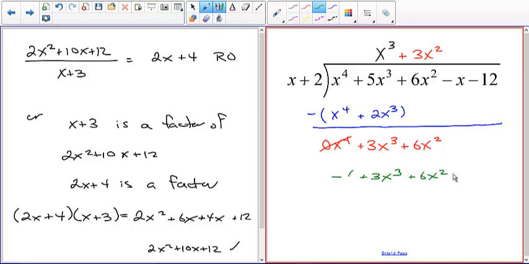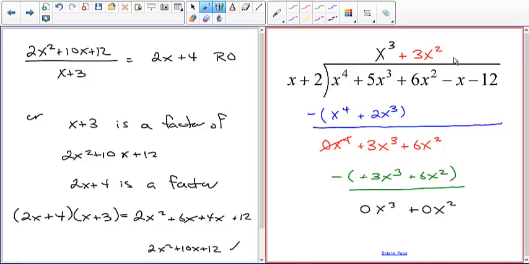Let's subtract that. So again, these go to 0. In this case, they all go to 0, so you end up with 0x cubed plus 0x squared.